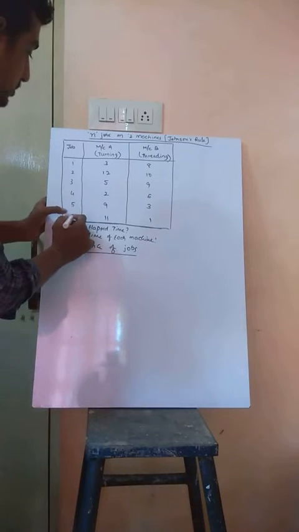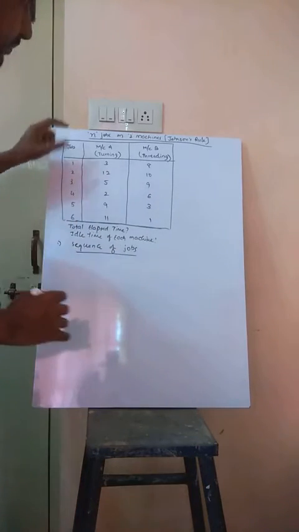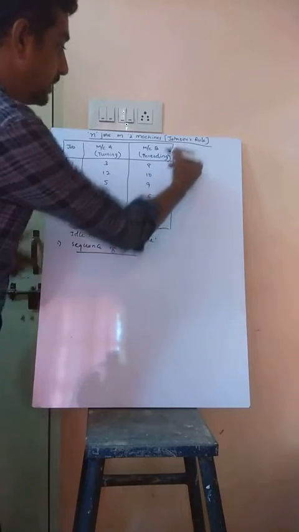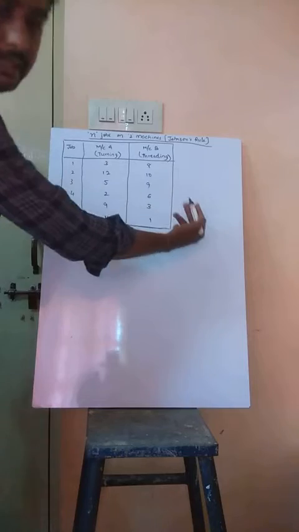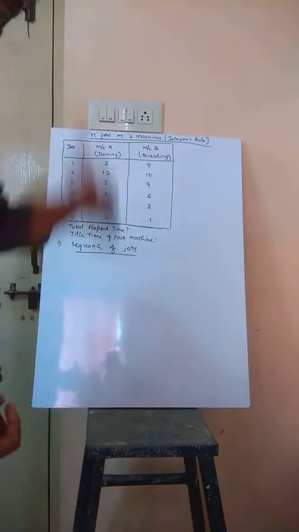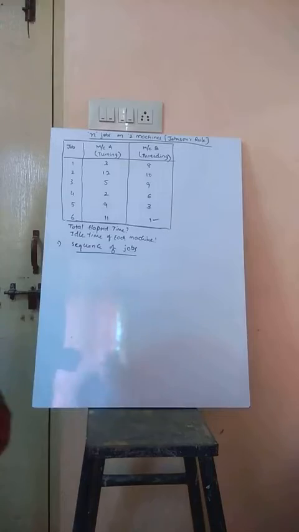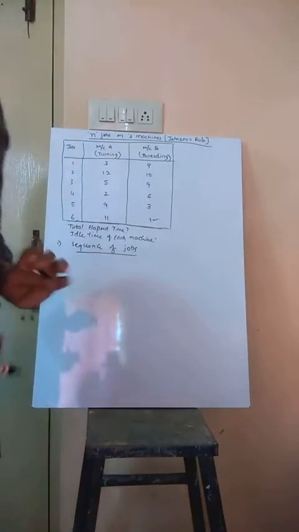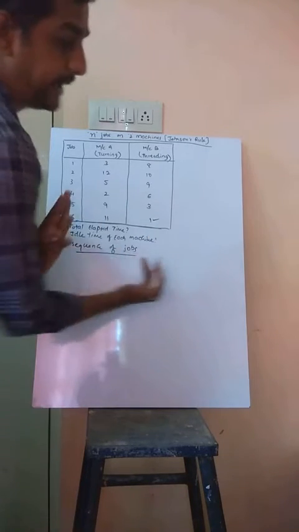This value is at the right side of the table, that is the threading part. This job must be placed at the right end of the sequence.